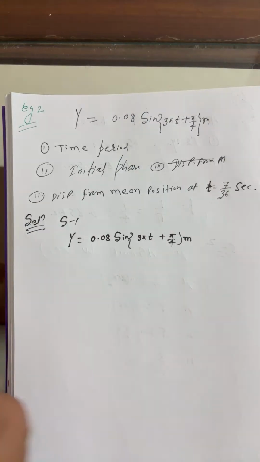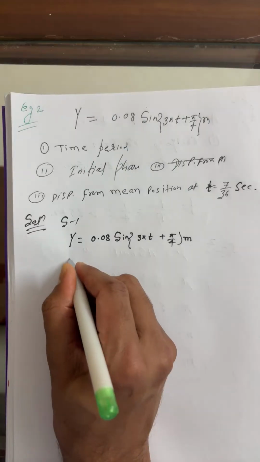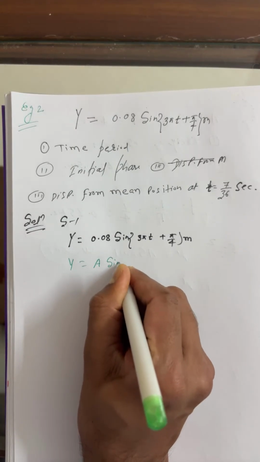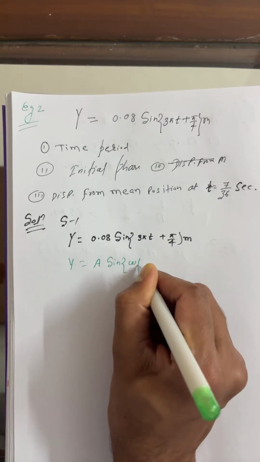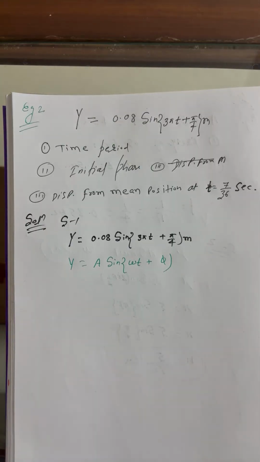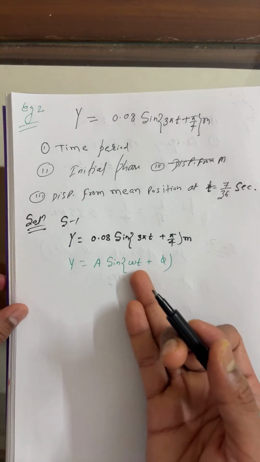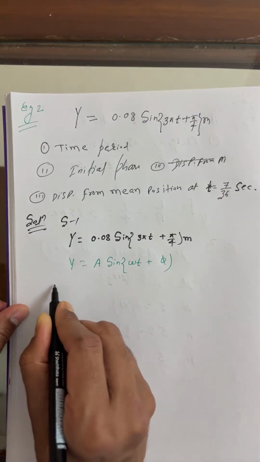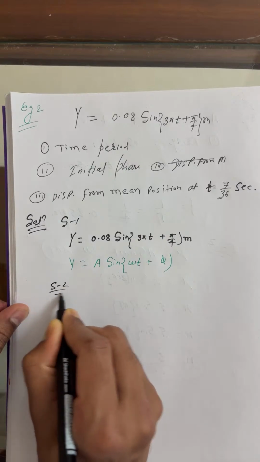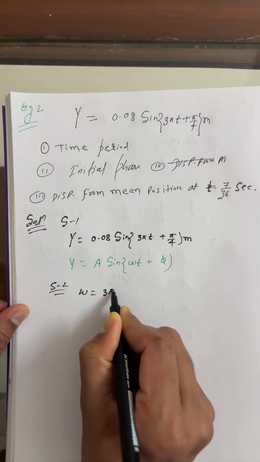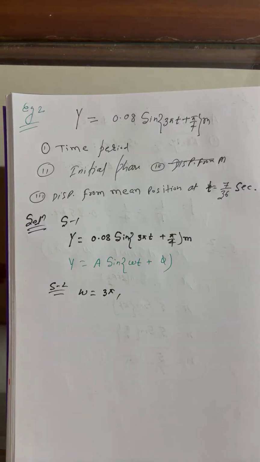This is the equation which you can equate with y equals A sine (omega t plus phi). Simple. So you can get these two very easily. Just equate these two equations. So omega is equal to 3 pi.